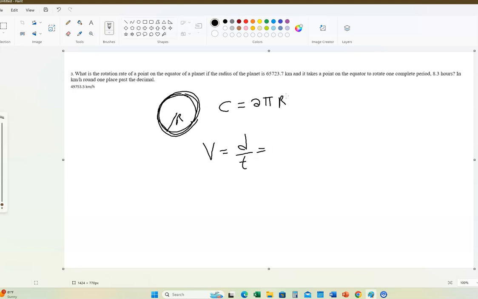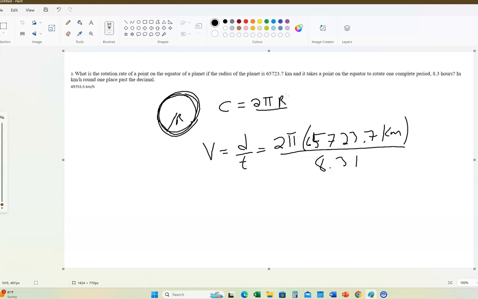So let's write the circumference with the values that we know. It's 2 pi times the radius, which in this problem is 65,723.7 kilometers, and then they give us the period as 8.3 hours.